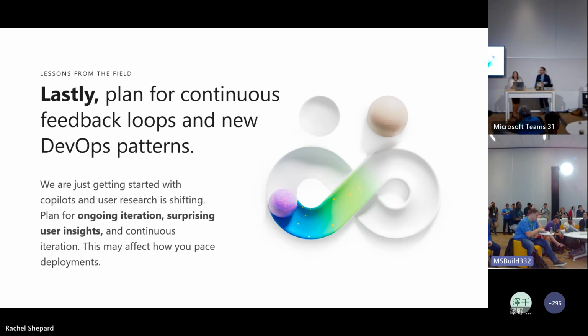You have to plan ahead for continuous feedback. Earlier you showed the feedback modal where someone could put that information in. How are you going to get that information woven back into your architecture, your experience, or the prompts you've already written? Start thinking about that. It might change the way you deploy, it might change your ship cadence, all sorts of stuff.